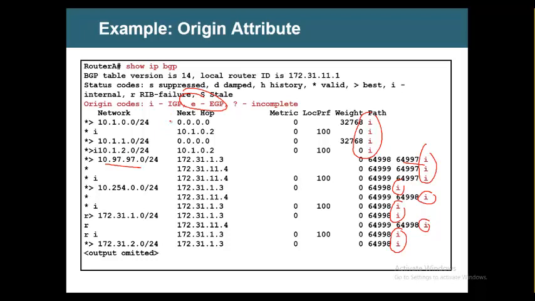No one supports it. Cisco doesn't support a protocol called EGP. So you won't see that E anyway. But which is preferred? Is I preferred or question mark preferred? I is preferred. Origin code I is preferred over question mark.